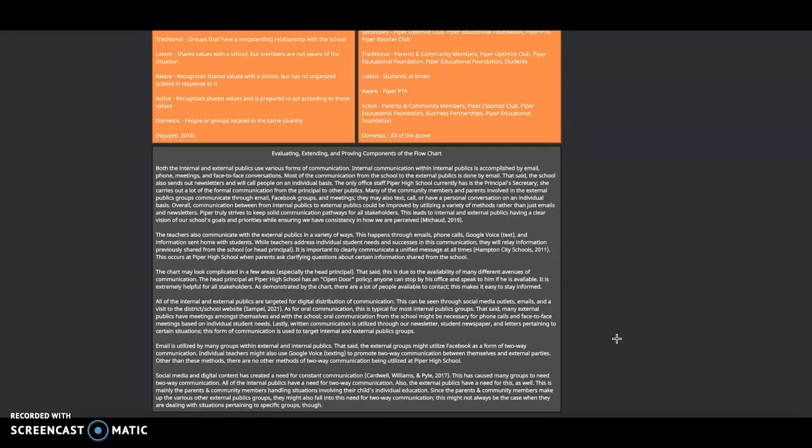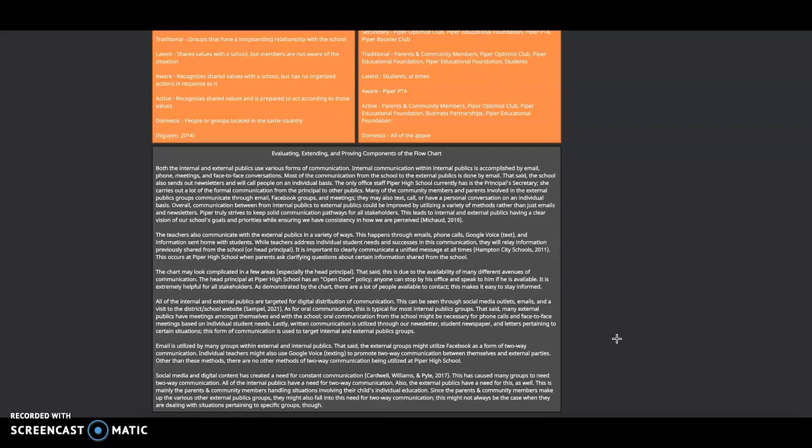Overall, communication between the internal publics and the external publics could be improved by utilizing more methods than just emails and newsletters. I think there could be an initiative to make sure to have contact with each individual family at least once throughout the year.